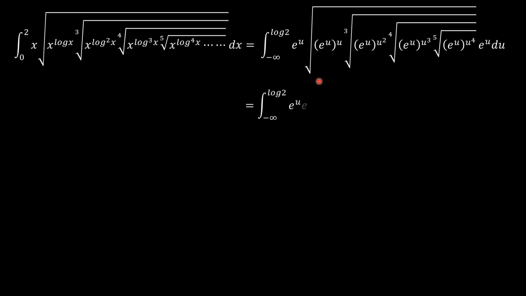So we have e^u times u to the power u is u squared, and then the square root sign, it's therefore times a half, so we have u squared over 2. Then inside the cube root sign we have u times u cubed as the power, so we get u squared as the power.